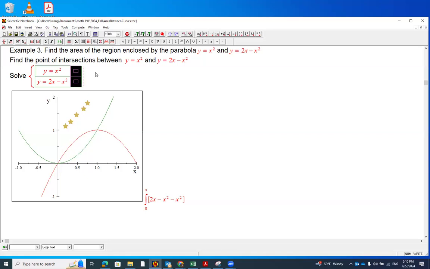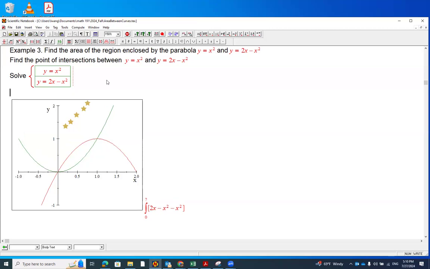We don't need this. So because at the point of intersection the coordinates are the same, we set y equals y. If y equals y, x squared will equal 2x minus x squared.